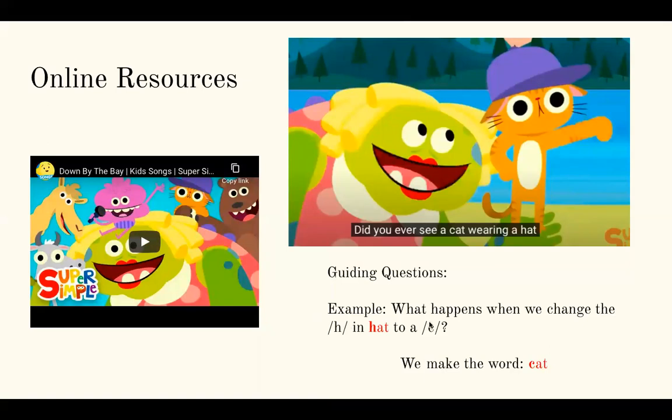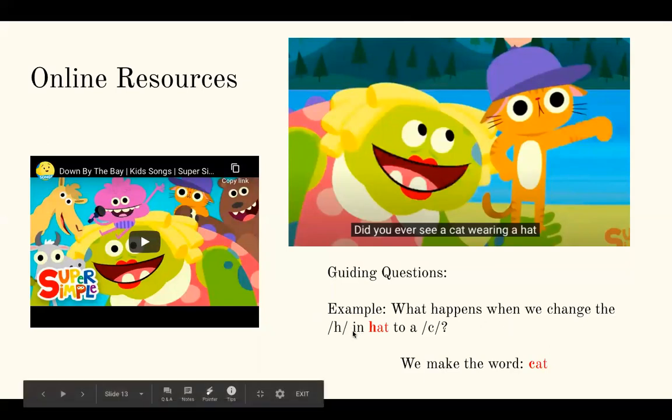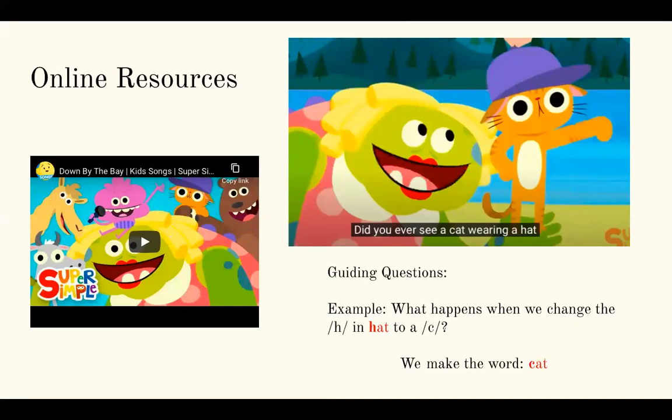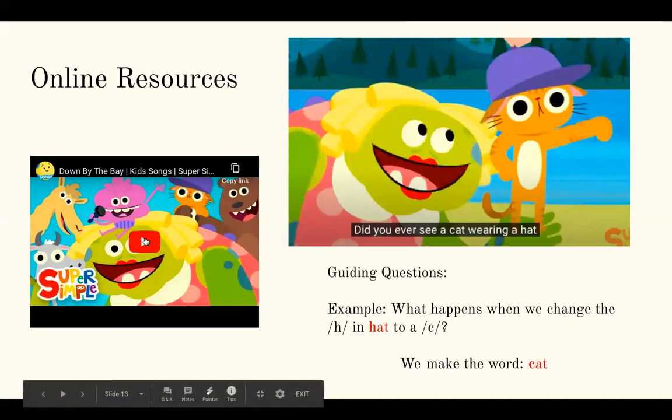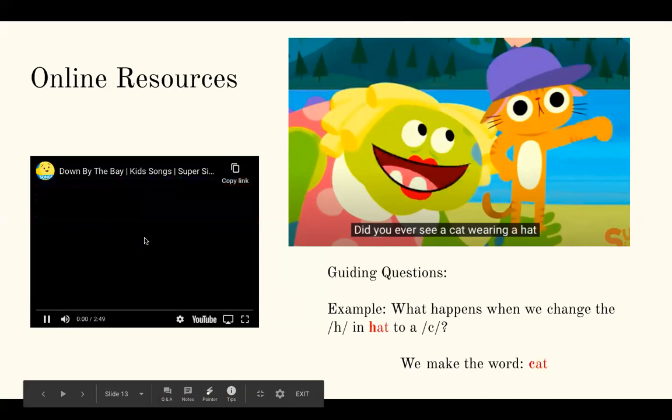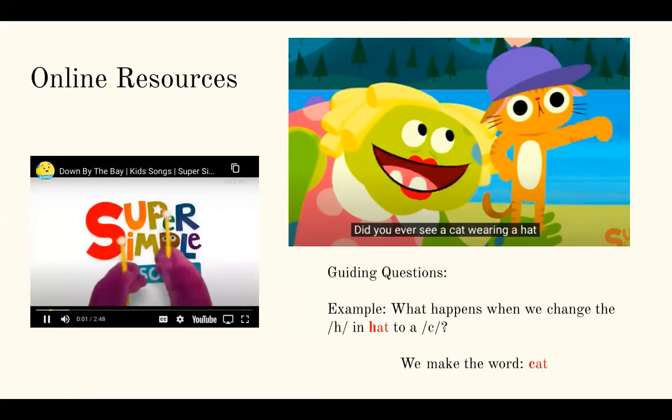So, for instance, what happens when we change the h in hat to k? So you want the students to, again, be able to manipulate some of these sounds. So we'll go ahead and watch some of the Down by the Bay video so you get a sense of fun resources.